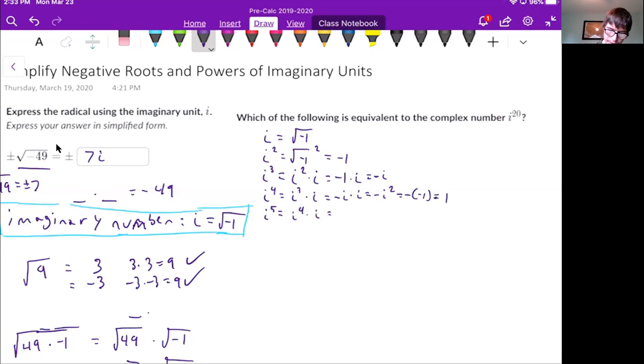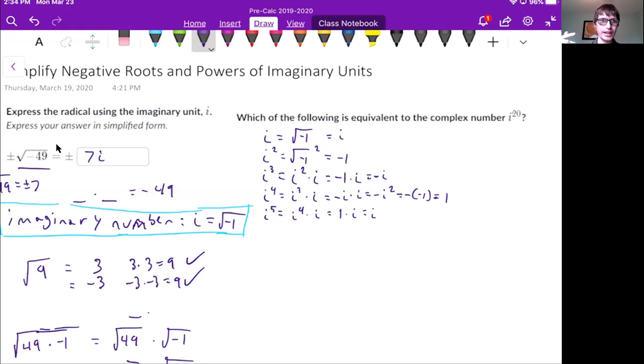And we know that i to the 4th is 1, so it gives us 1 times i, which is i. Okay, great. So i to the 5th equals i.